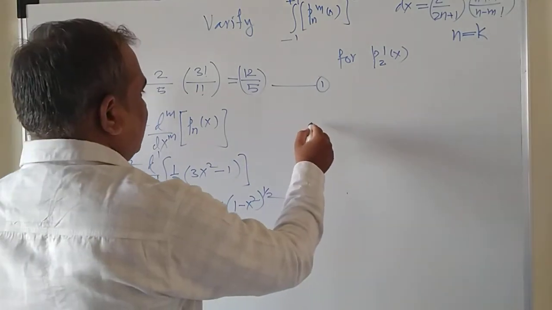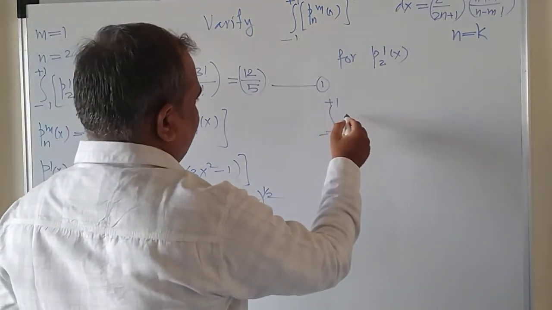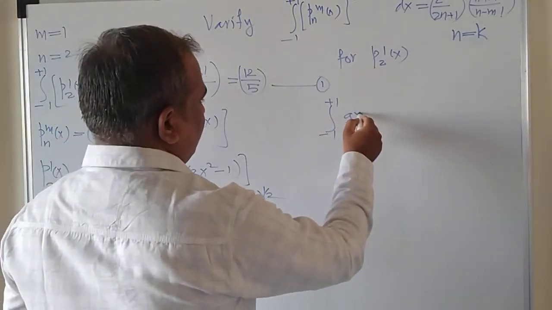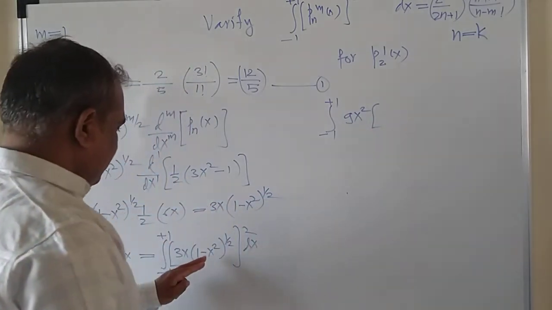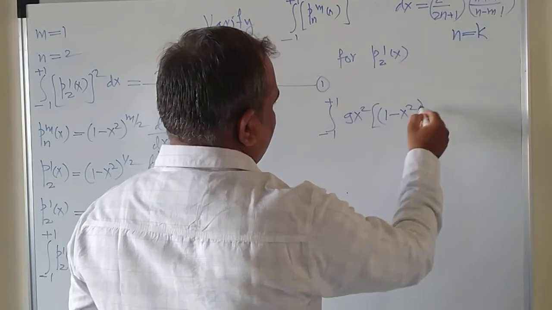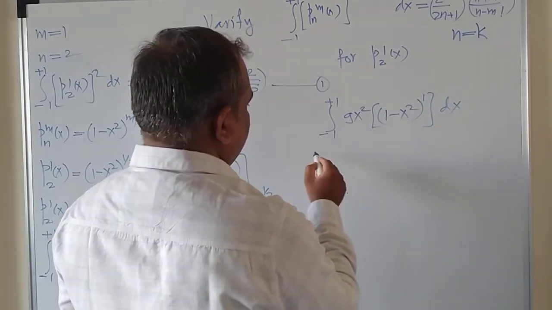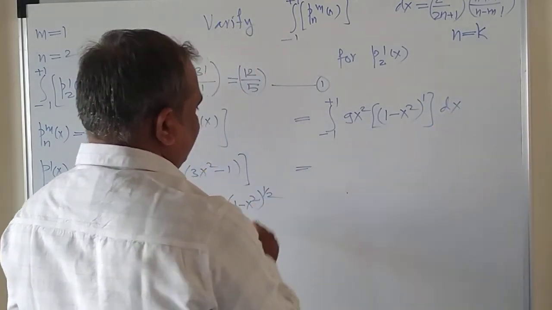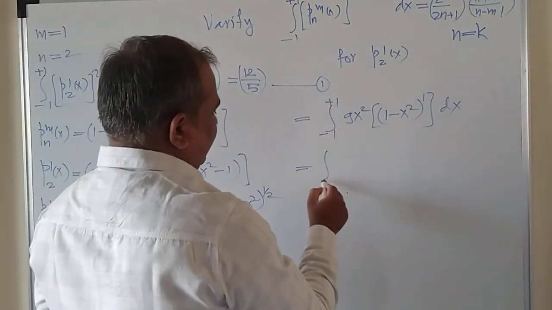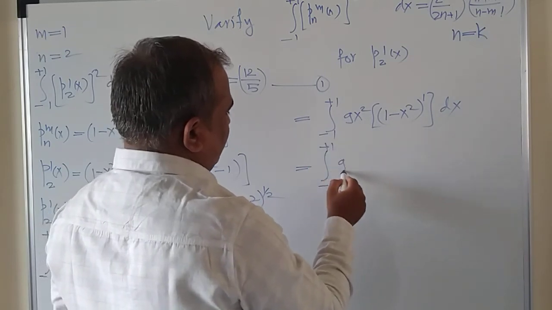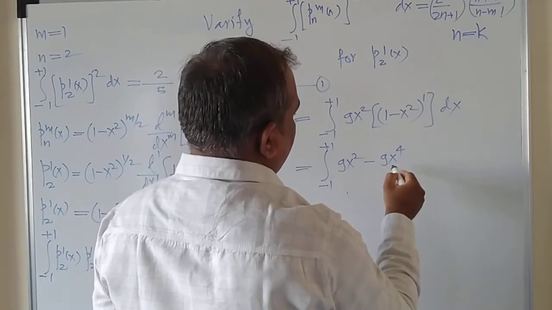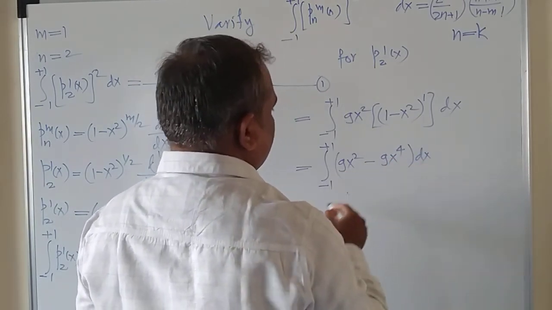Now this will give you integral from -1 to +1, and square of this is 9x square into 1 minus x square raised to power 1 into dx. Now you can multiply by 9x square: integral from minus 1 to plus 1, 9x square minus 9x raised to power 4 into dx.